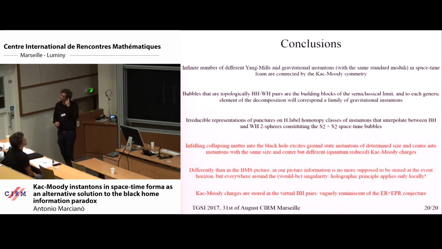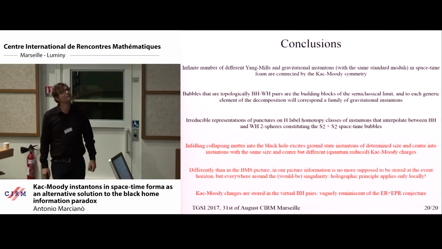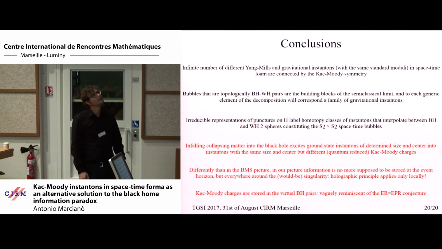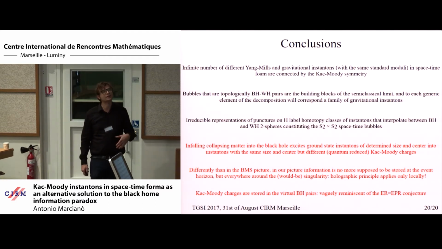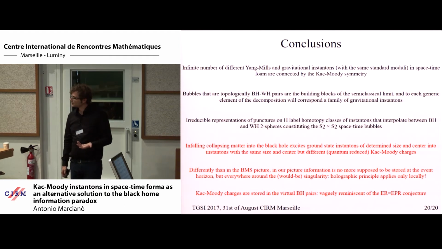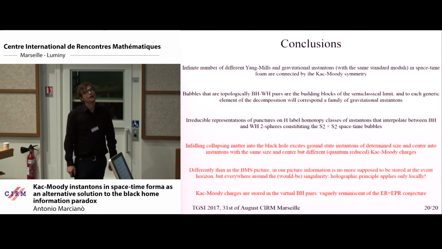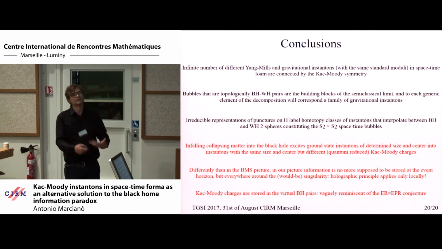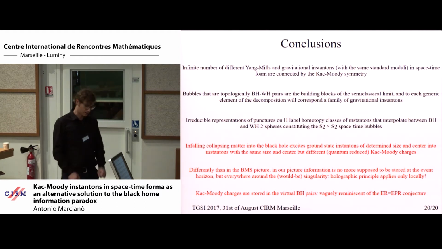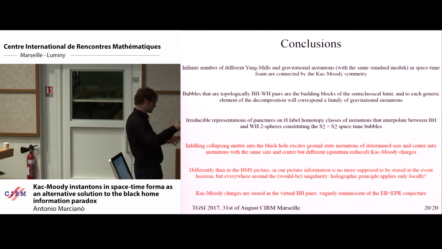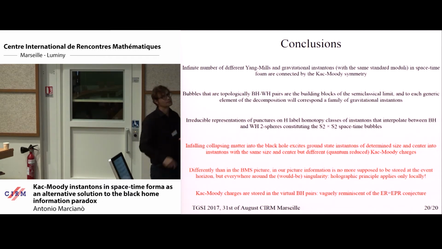Okay. So anyway, let me conclude. There is this infinite number of different Yang-Mills and gravitational instantons, which are interconnected by the Kac-Moody symmetries, all having their centers and shapes parameterized by some parameters. So all with the same standard moduli, but different Kac-Moody charges, and the Kac-Moody symmetries interconnect them by changing the Kac-Moody charge.